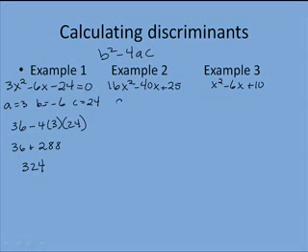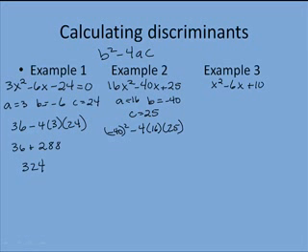Let's look at example 2. a equals 16, b equals negative 40, and c equals 25. So our discriminant is negative 40 squared minus 4 times a times c. And that's 1600 minus 1600, which equals 0.